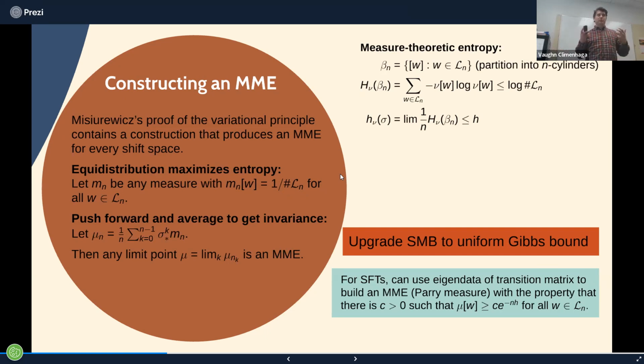That's the standard proof of the Krylov-Bogolyubov theorem on existence of invariant measures. And combining these two ideas, it can be shown that any limit point of this process gives you an MME. Now, there's some work to be done here. It's a real argument. It's not at all obvious, but it's plausible from the general principles. That's a construction of an MME for an arbitrary shift space.